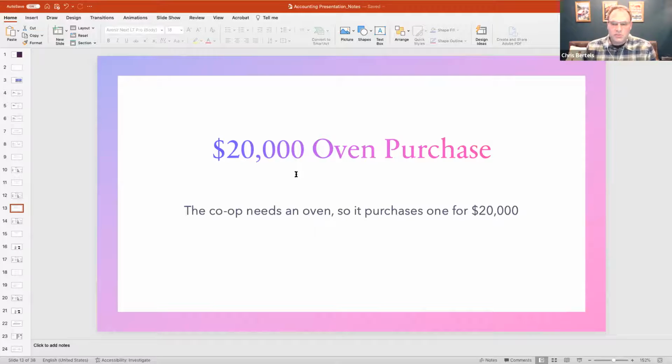So the next transaction we're going to consider is the bakery needs an oven to bake the bread, obviously. They're going to need a lot more equipment than that, but just to keep it simple, they're going to use $20,000 cash to buy the oven.